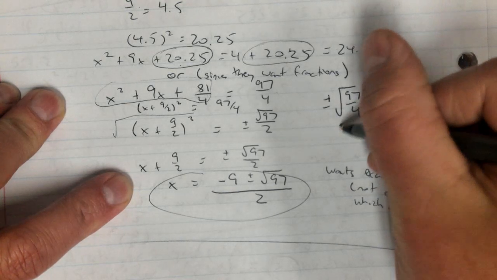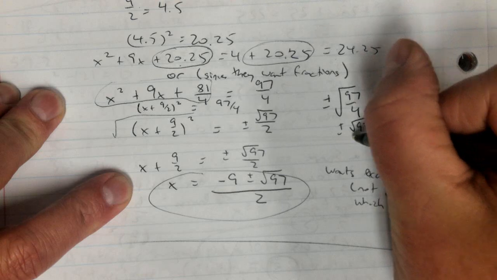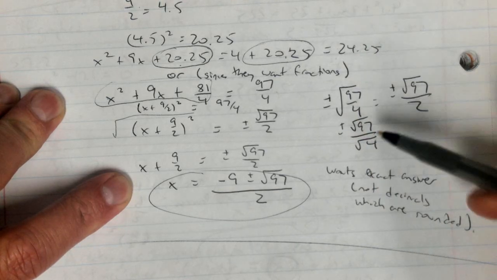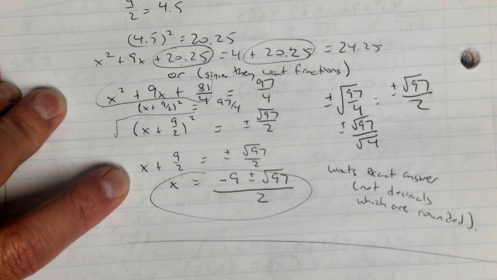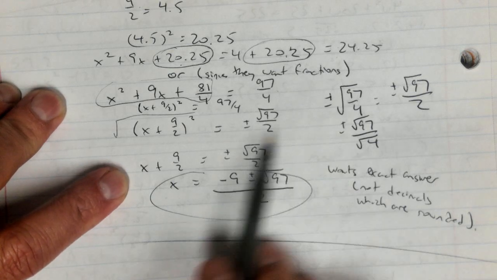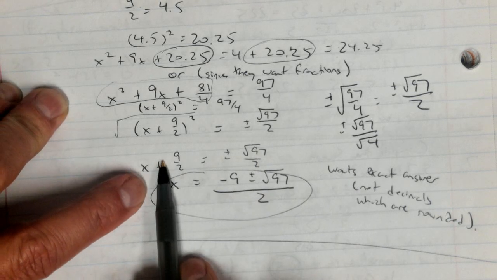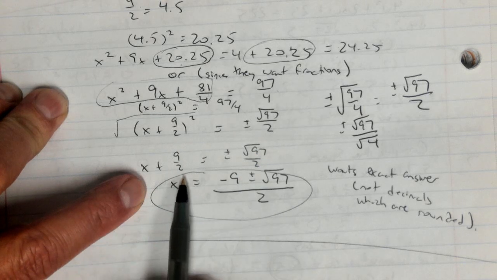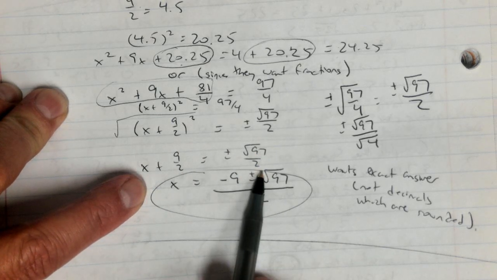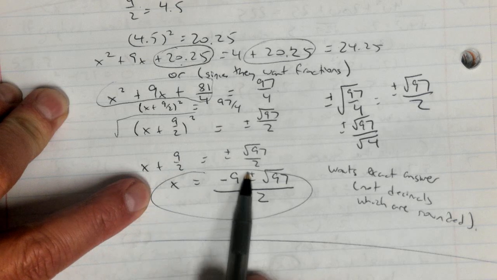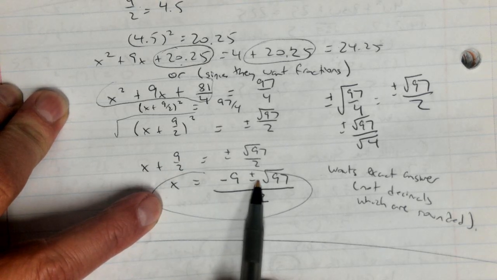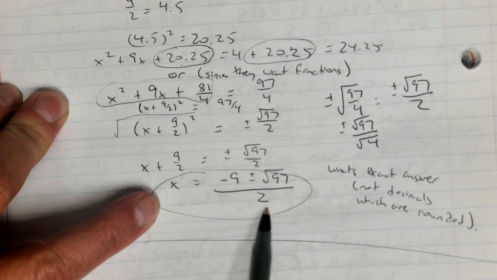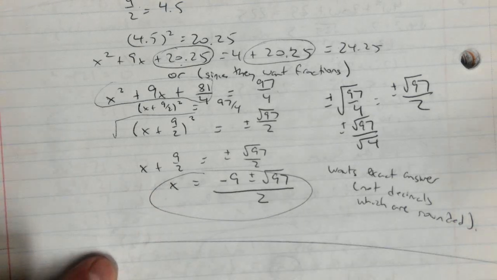The other way to think of it is, say, the square root of 97 over the square root of 4, which is basically the same thing. So anyway, once you have that, then you just bring this term over, and both of them had 2 for the denominator, so you'd make this one negative, and so you have negative 9 plus or minus the square root of 97 over 2. So that's your answer.